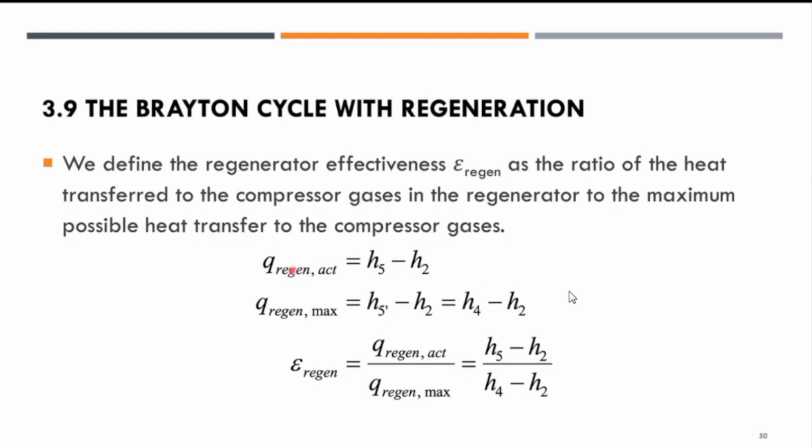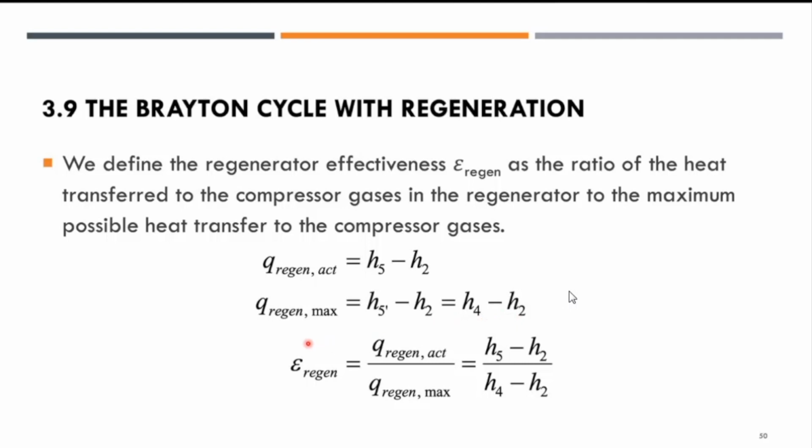So we have Q regen actual, and we also have Q regen max. We have h5 prime minus h2 over here, and in this case the maximum is equal to h4 minus h2.